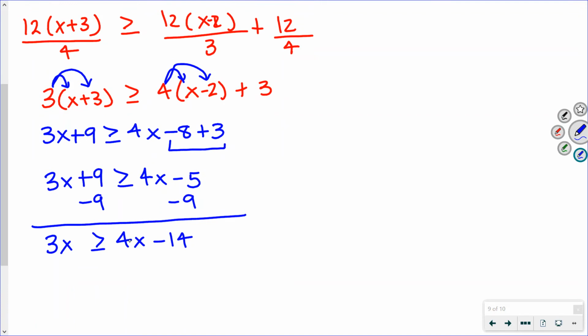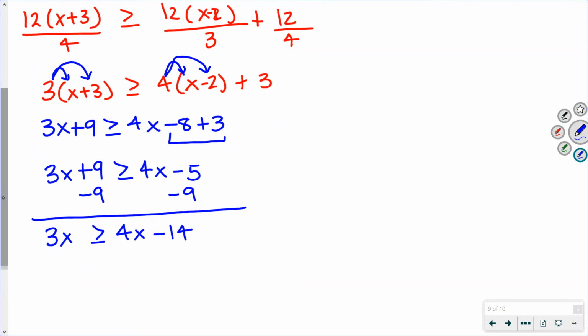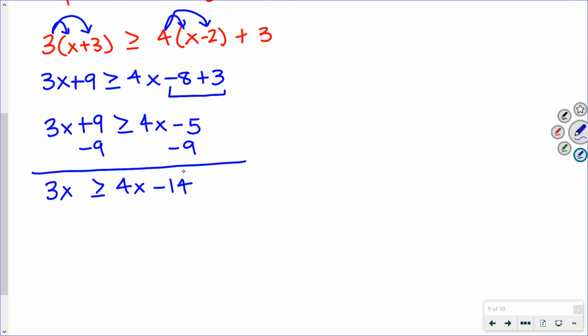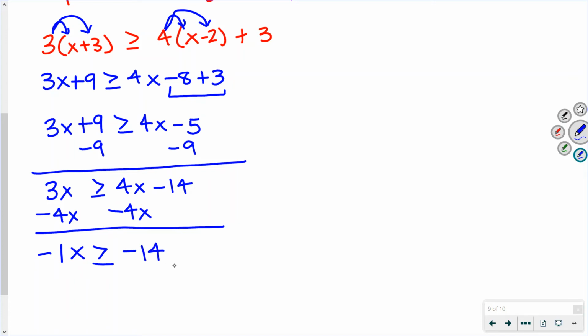Now I want to move this positive 4x to the left. The way we're going to do that is by subtraction. 3x minus 4x is negative 1x. Now the last step here, I want to get rid of this negative 1x, so we want to divide by negative 1.